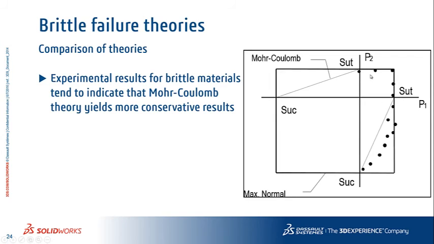Up here it falls right on. Here is an area of concern where the results are a little bit different between the two theories. It's always better to use a theory that's going to predict yielding a little bit earlier, because we don't want to be designing out here and then realize that our yielding occurs here. So Mohr-Coulomb is the one that typically gets used more often.